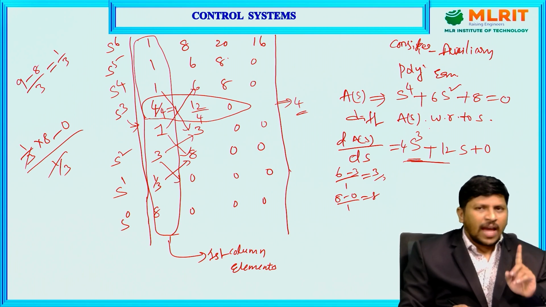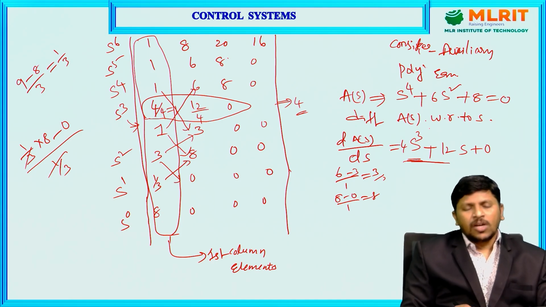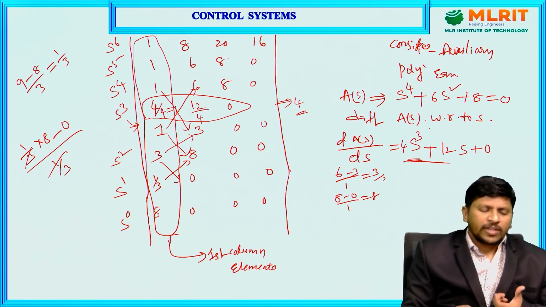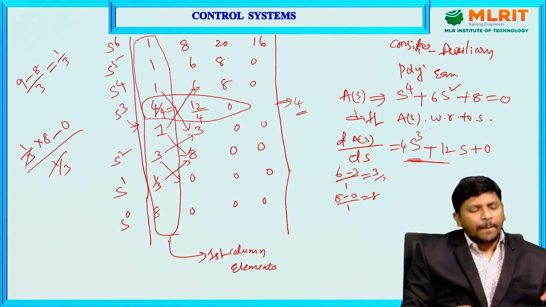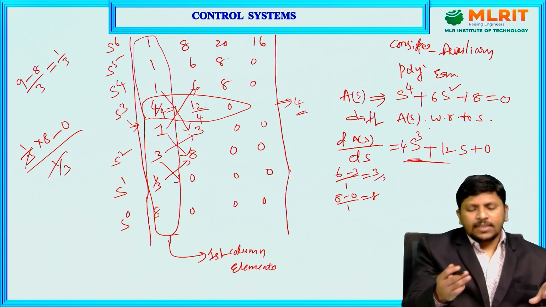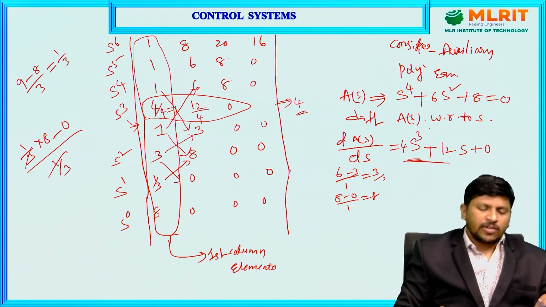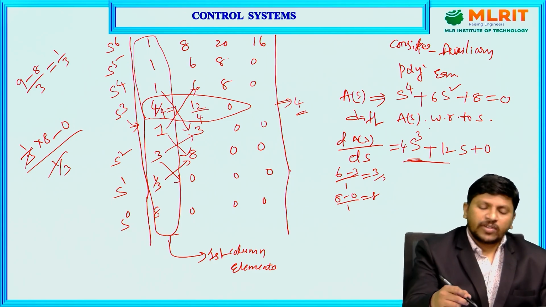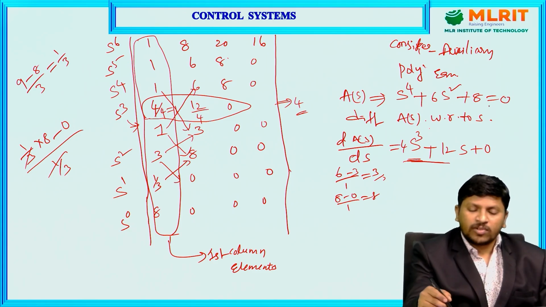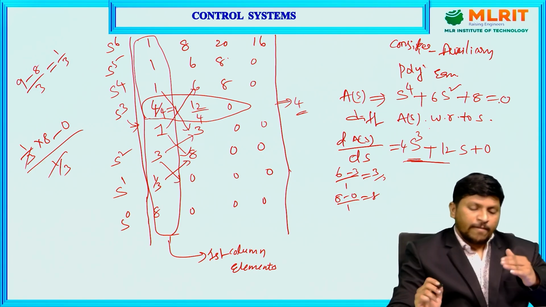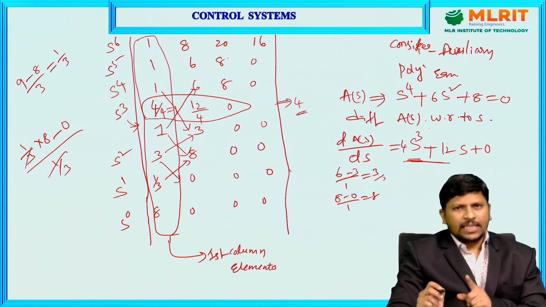But we have an auxiliary polynomial equation, which is also included in the original characteristic equation. It is inbuilt in the characteristic equation. The auxiliary polynomial equation is S power of 4 plus 6S square plus 8 equals 0. From that we calculate the roots.